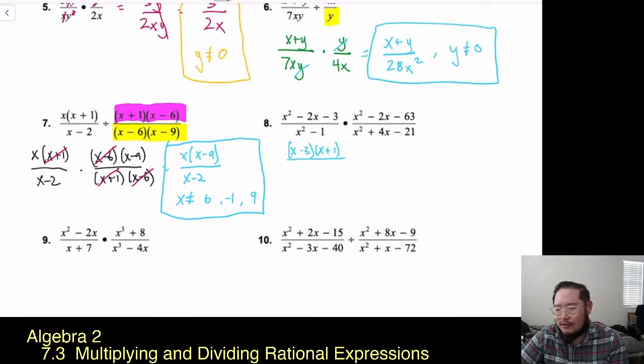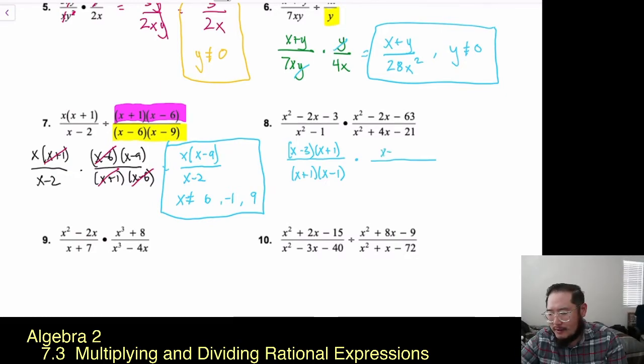Remember, difference of two squares. x plus 1, x minus 1. x squared minus 2x minus 63, factorable. x minus 9, x minus 7. Remember that 9 and 7 gets me 63.